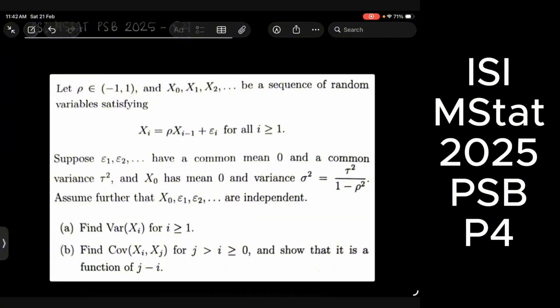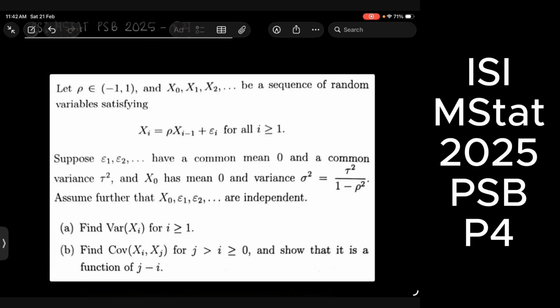And xi is dependent on rho times xi minus 1 and some error terms. So epsilon 1, epsilon 2, this is a sequence of random variables with common mean 0 and common variance tau square. Okay. X naught has mean and variance likewise given.